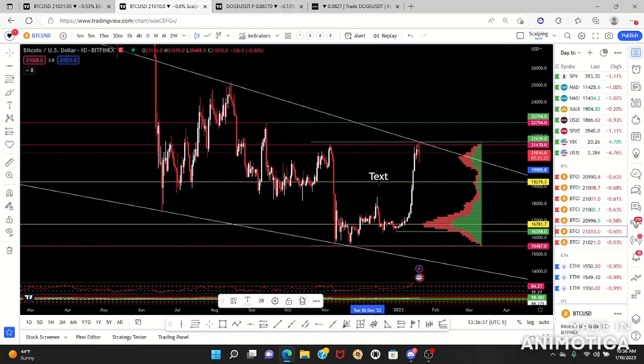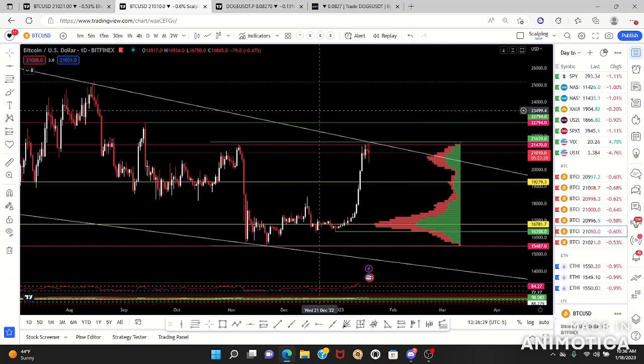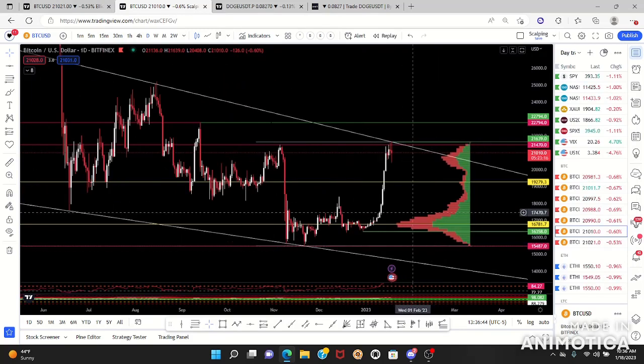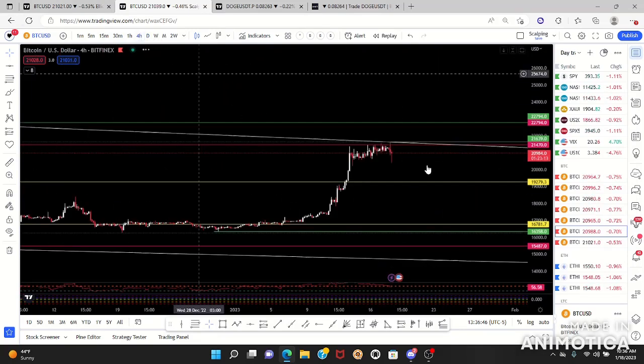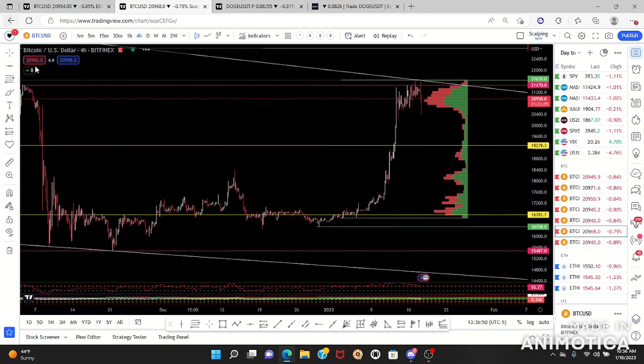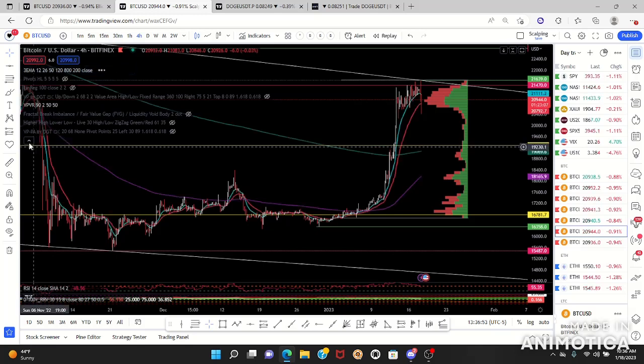Okay, so now that I have my daily POCs, I have my range, I have my trend lines, I'm going to move into the 4 hour, right? Let me turn on my EMAs.